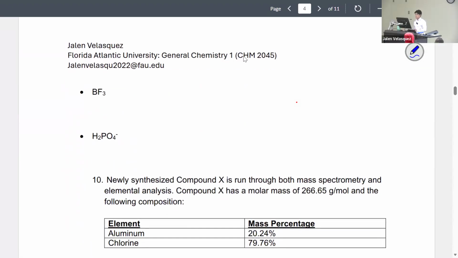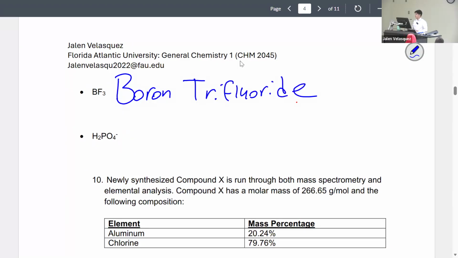BF3, what's this going to be? Good. Boron trifluoride. So this is also covalent. And also, I keep saying covalent compounds. What's another synonymous term for covalent? We're learning that later on, but there's another name for covalent.